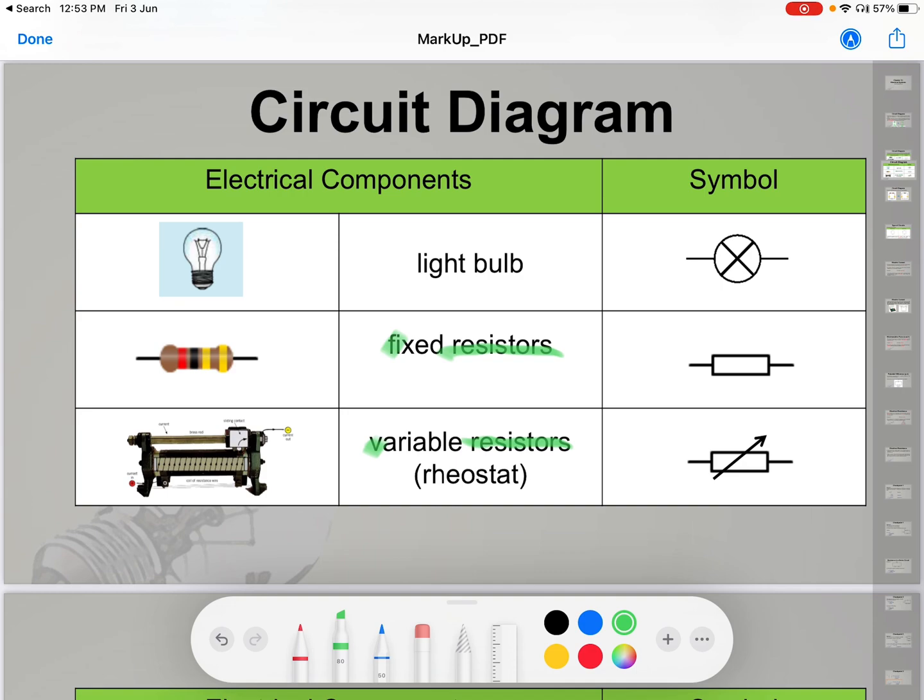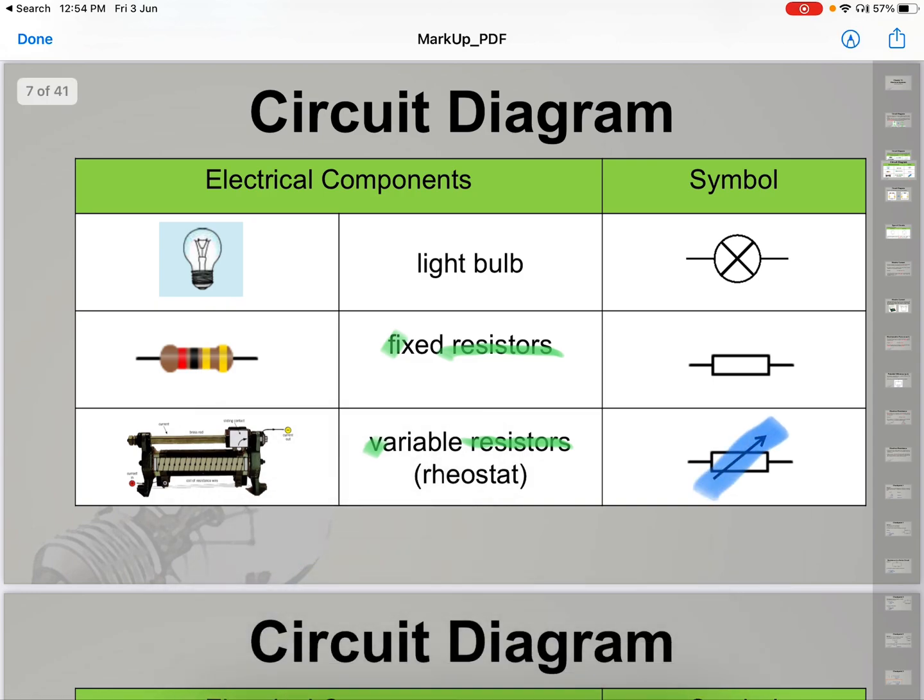But for variable, right, there's actually a coil that allows for different amounts of resistance to be posed in the circuit. So the difference is actually the presence of this arrow over here, vertically drawn upwards.